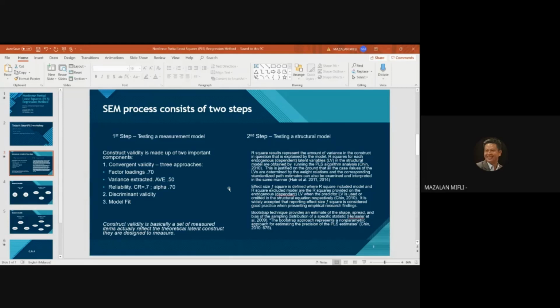Well, it is easy in comparison to the covariance-based SEM. But to get a model fit, a measurement model nowadays using Smart PLS3 requires a little bit more work to do. Why do I say that?